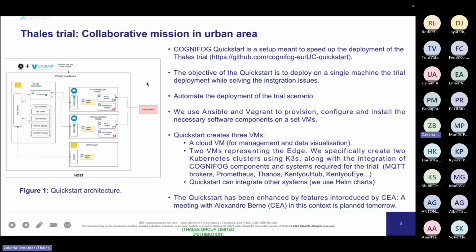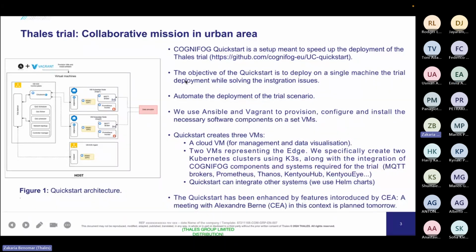The objective of the quick start is to deploy on a single machine while solving the integration issues. Then the idea is to port what we are doing on quick start, I mean the configuration files that we created using Ansible and the environment that we create using Vagrant, to a real deployment using physical servers and physical sensors.